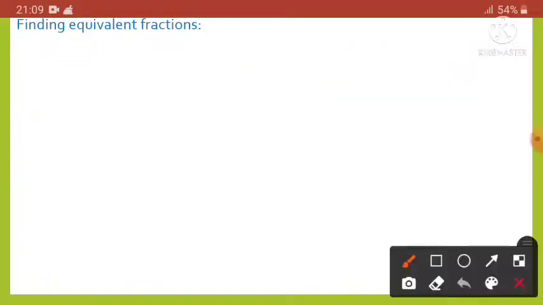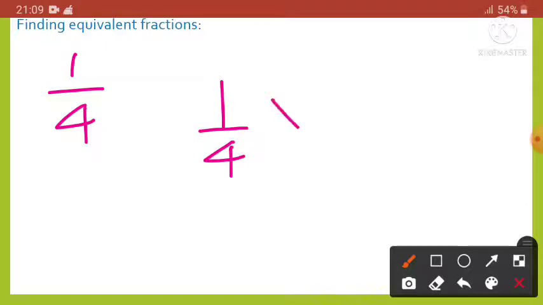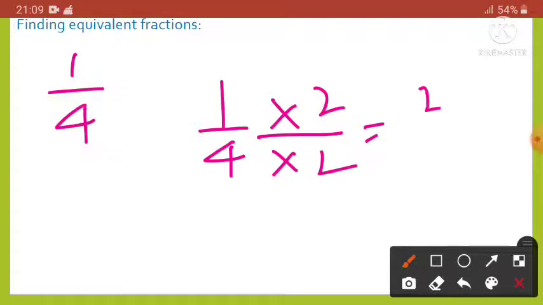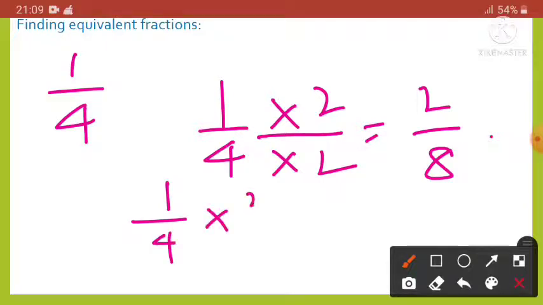Suppose we have to find out two equivalent fractions of 1 by 4. So how to do it? At first we multiply numerator and denominator by 2, so it is 2 by 8. If we want to find one more, multiply with 3, so it is 3 by 12.